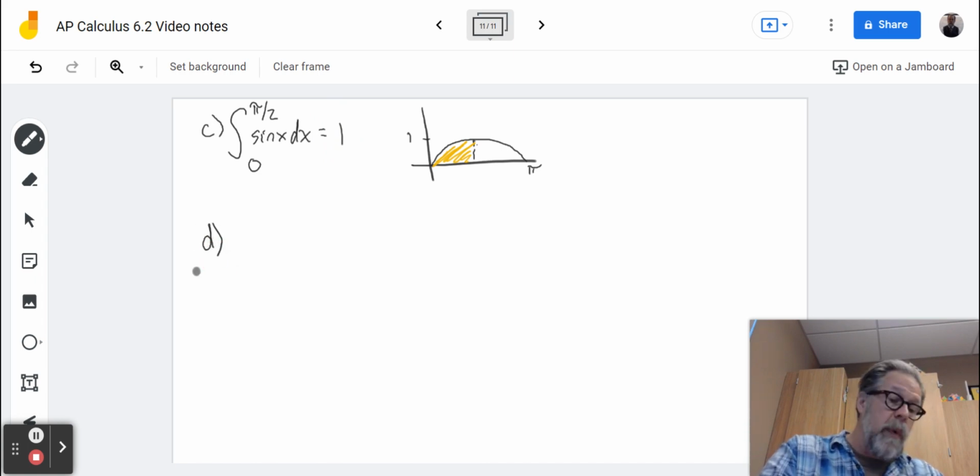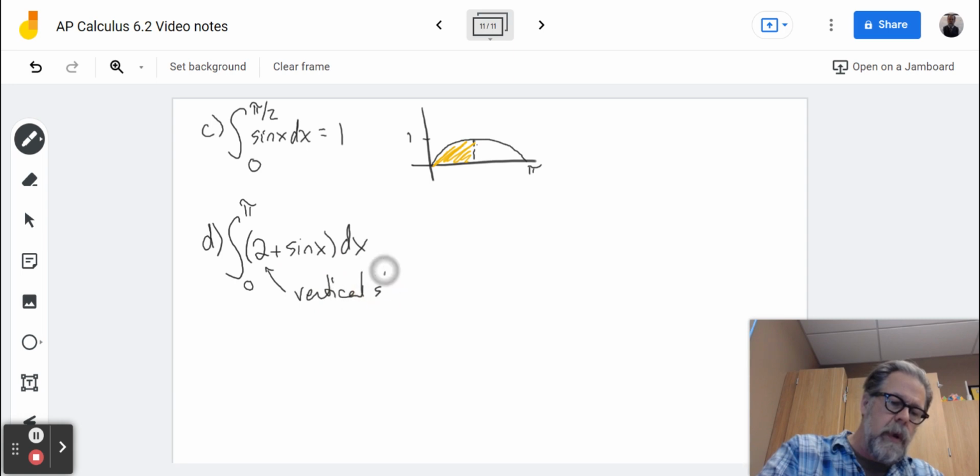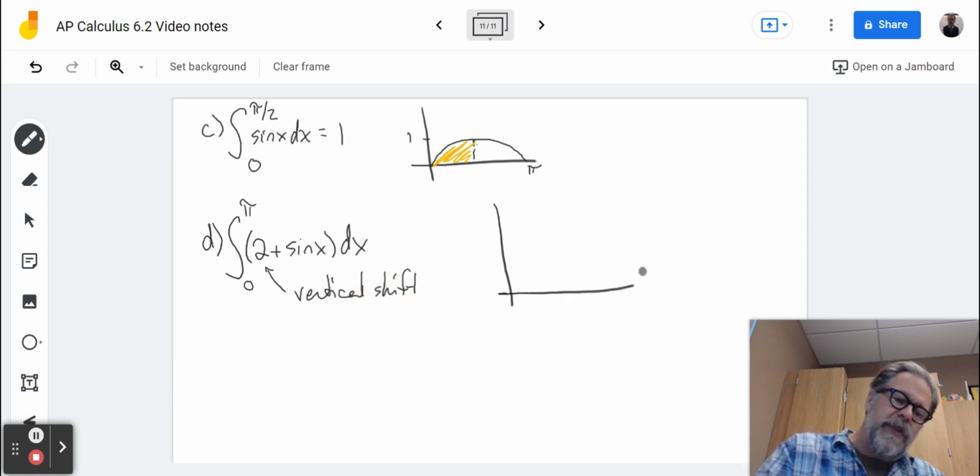All right, next, let's look at the integral from 0 to pi of 2 plus sine of x dx. Let's think about transformations of functions. This is a vertical shift. So I can look at this graph of sine, and if I'm shifting the whole thing up 2, that means instead of starting at 0, it is going to start at 2.